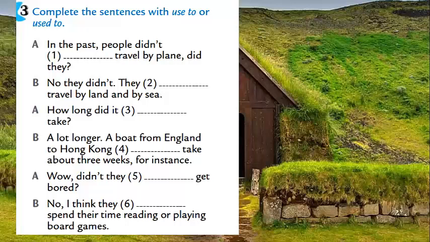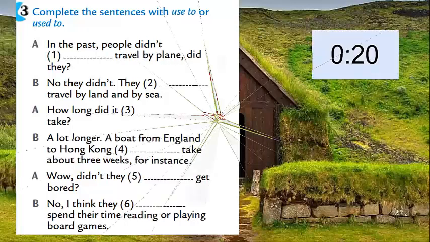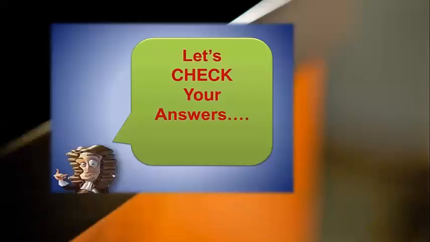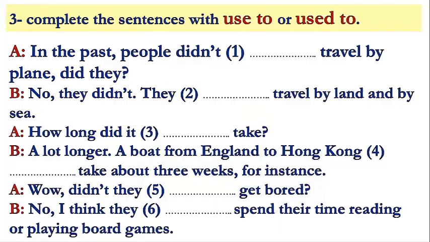Let's see together. The first one. In the past, people didn't. I told you didn't is followed by use to. So the answer will be use to. In the past, people didn't use to travel by plane.